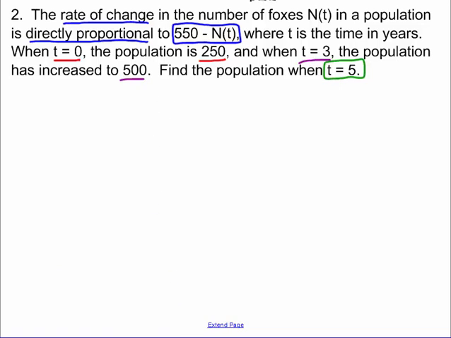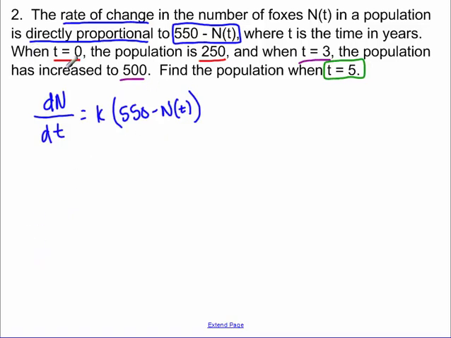Okay, so there's a lot of math going on here. In blue, I've highlighted the initial equation we have to come up with. So the rate of change of number of foxes is directly proportional to this expression. So dn/dt is directly proportional to this expression, where t is time in years.